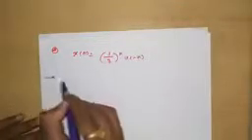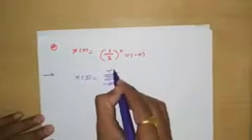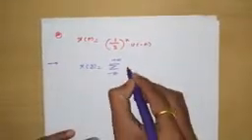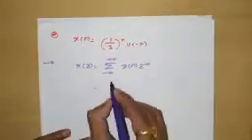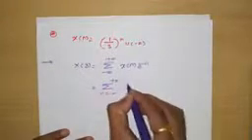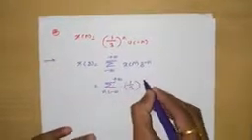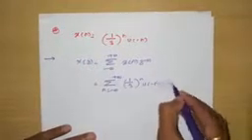Now to find its z transform, I am putting the formula first. The z transform is equal to the summation of x of n into z raised to minus n, with n from minus infinity to plus infinity, 1 upon 3 raised to n u of minus n into z raised to minus n.